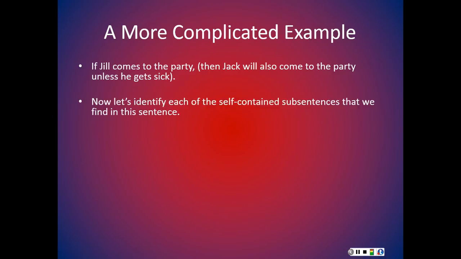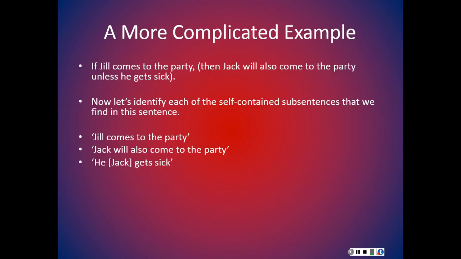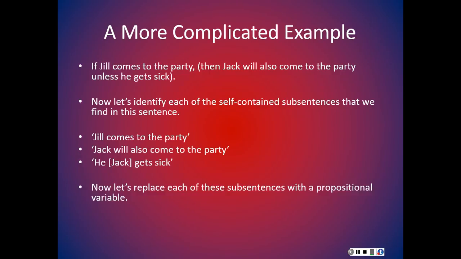Now let's identify each of the self-contained sub-sentences that we find in this sentence. So I see Jill comes to the party, Jack will also come to the party, he gets sick, or if we replace the pronoun, Jack gets sick. Now let's replace each of these sub-sentences with a propositional variable.